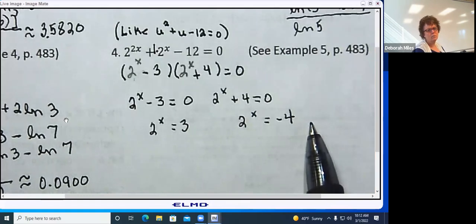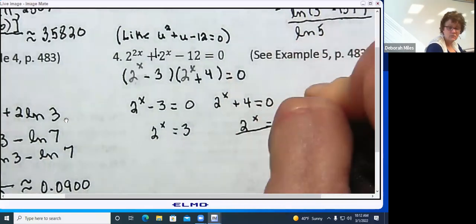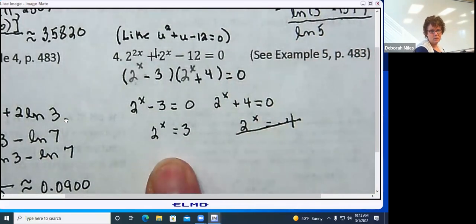Well, since we're solving an equation instead of undefined, you would say no solution. This just doesn't have a solution. What about this one? What could I do to solve for x?